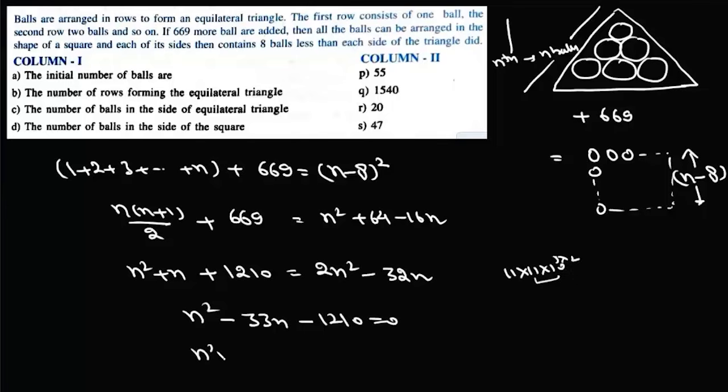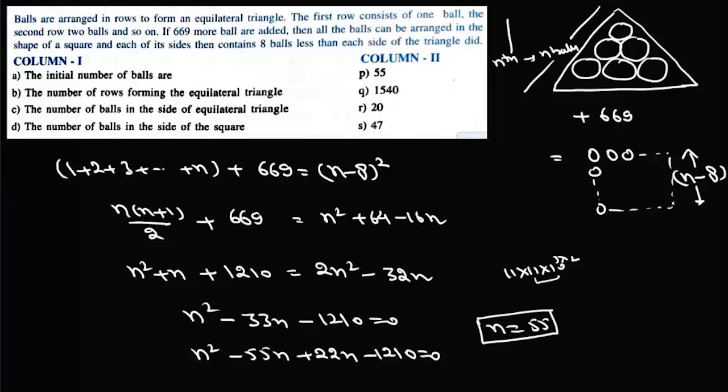So we can write n square minus 55n plus 22n minus 1210 equals 0. So from here, the value of n we get is 55. So n equals 55. So number of balls in the sides of an equilateral triangle will be 55.